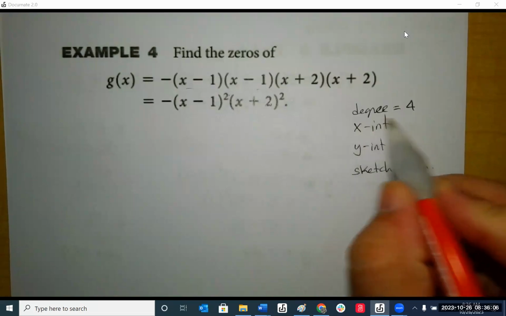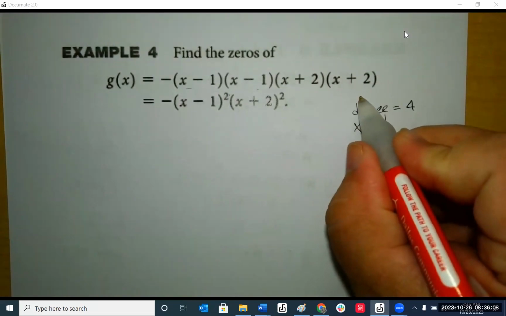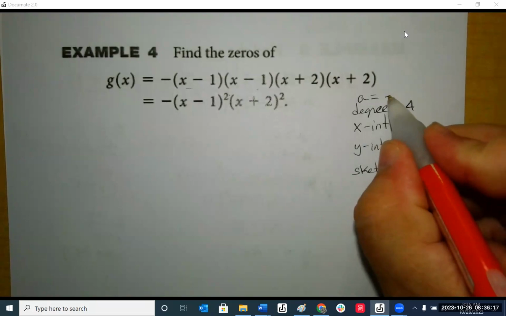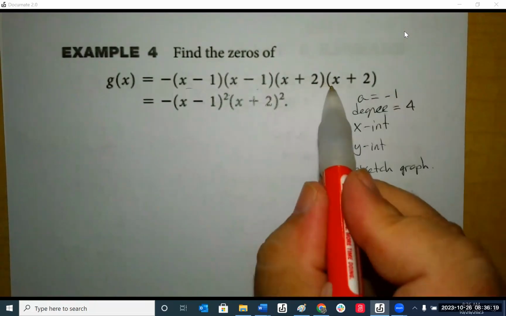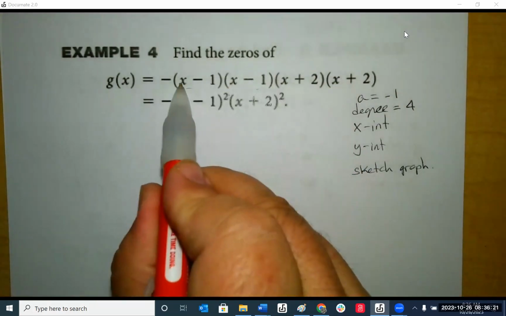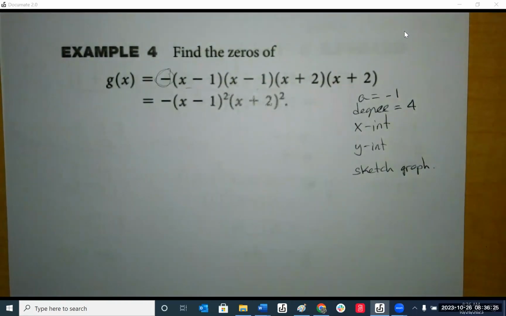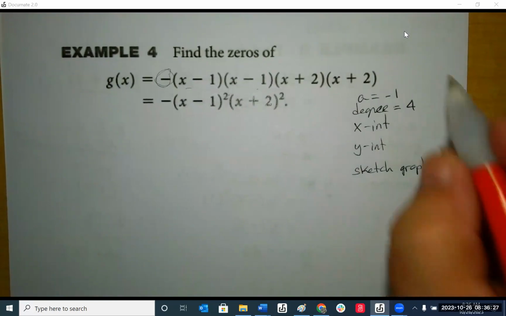So we know, what's our value for A? Very good. Because all of these x's are positive, so that's not going to change anything. So whatever's out in front is your leading term. So it's -1.